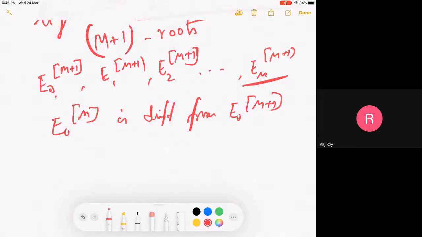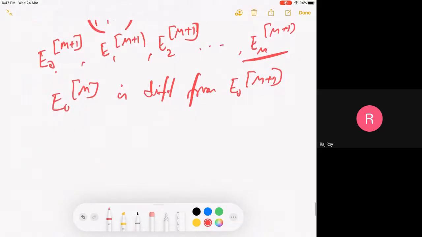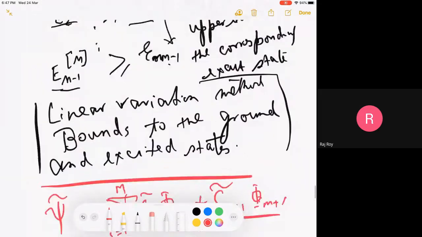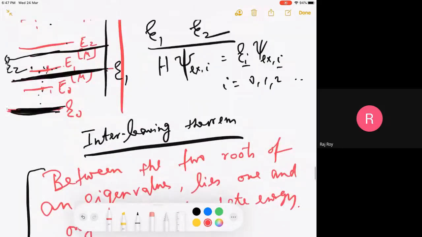Now the question that I'm going to ask is: how are they positioned with respect to the exact states? First of all, the Rayleigh-Ritz variation principle always holds. That means they are all greater than or equal to epsilon 0.